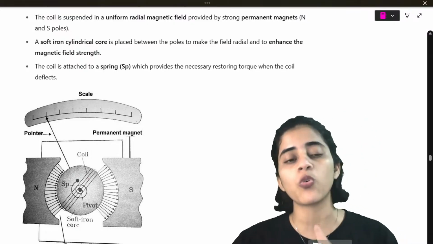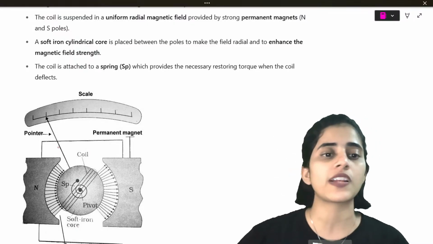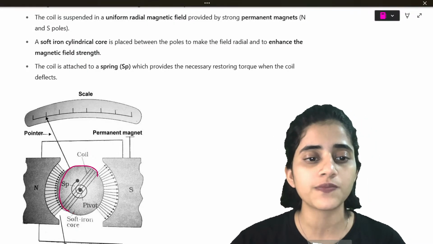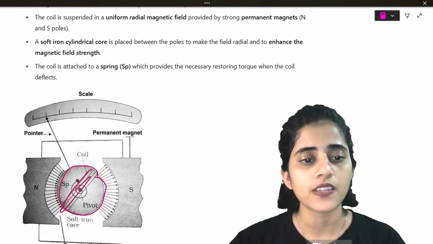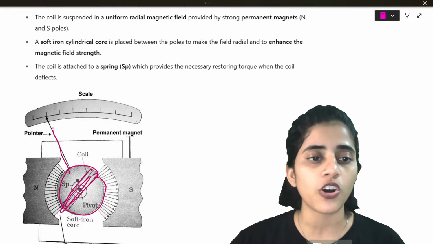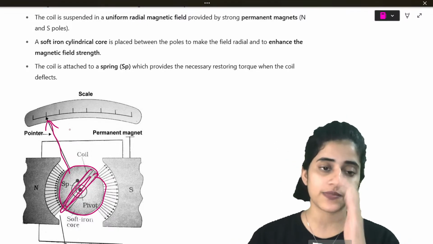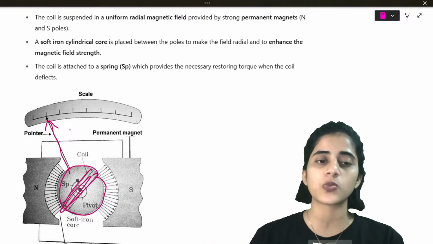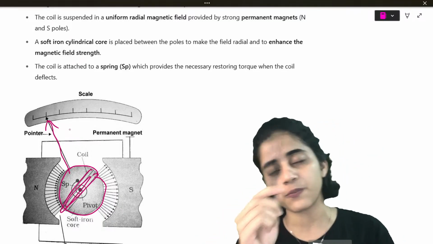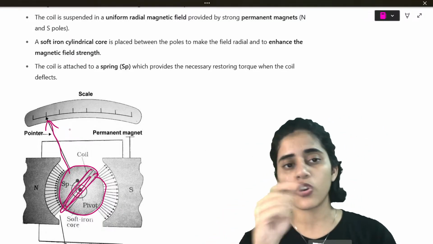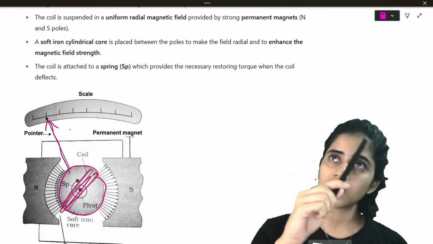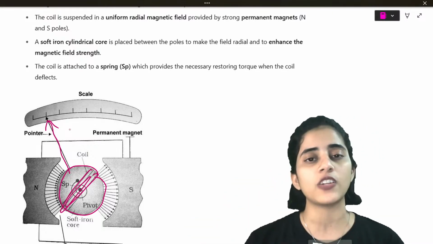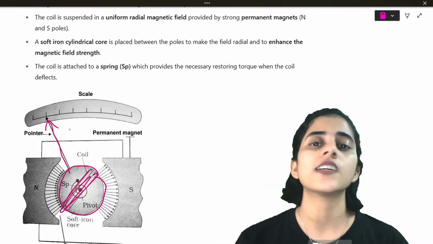Those of you who can learn it, it is good if you can. You can see there's a coil, and to this coil a needle is connected. When the coil rotates, the needle will keep moving. The needle moves on a scale, so wherever the needle moves, you get to read the value because it is attached to a scale.